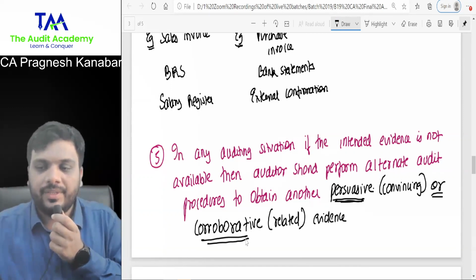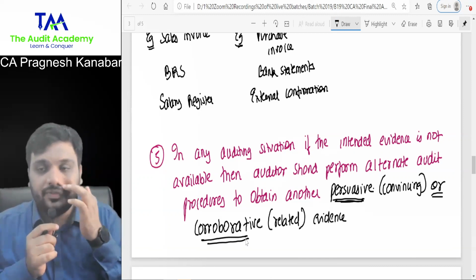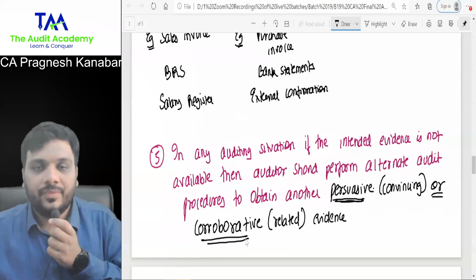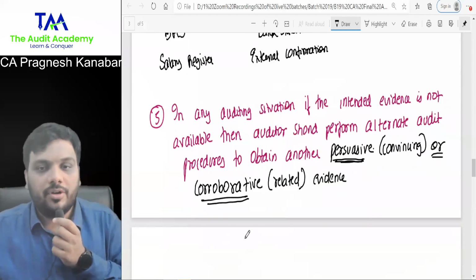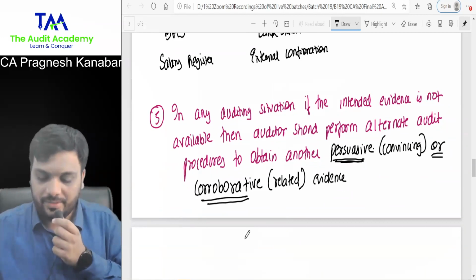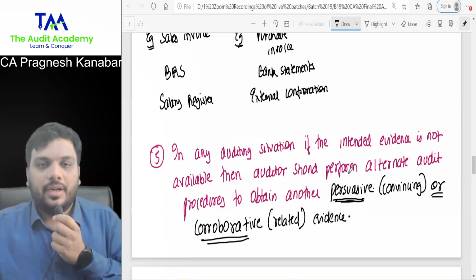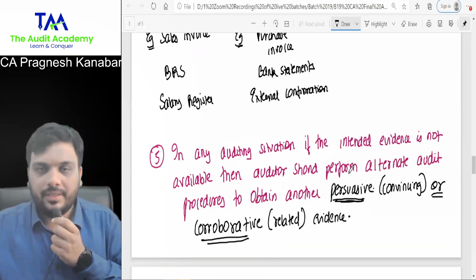In any auditing situation, if the intended evidence is not available, then the auditor should perform alternate audit procedures to obtain another persuasive or corroborative, that is related evidence. Done, everyone? Yes.